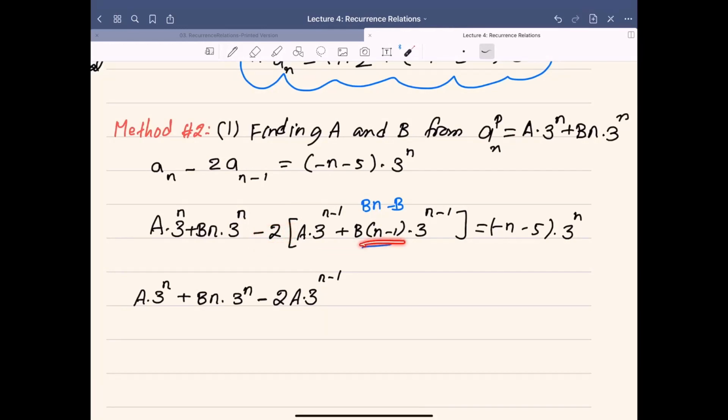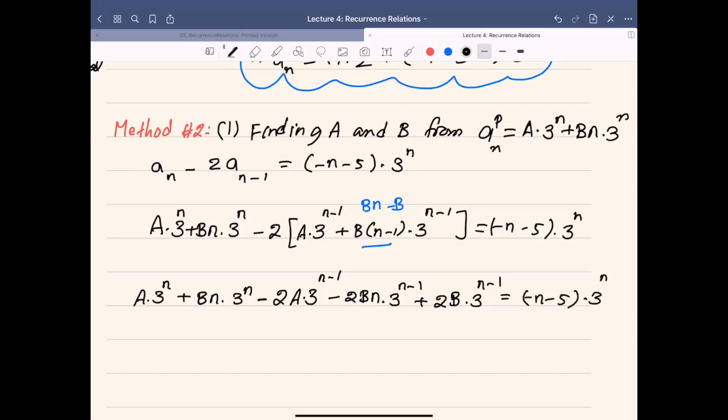And remember, this term is already multiplied by 3^(n-1). So 3 raised to power n minus 1 multiplies both of these numbers and then is multiplied by minus 2. So it will be minus 2 Bn times 3^(n-1) plus 2B times 3 raised to power n minus 1, equal to minus n minus 5 times 3 raised to power n.